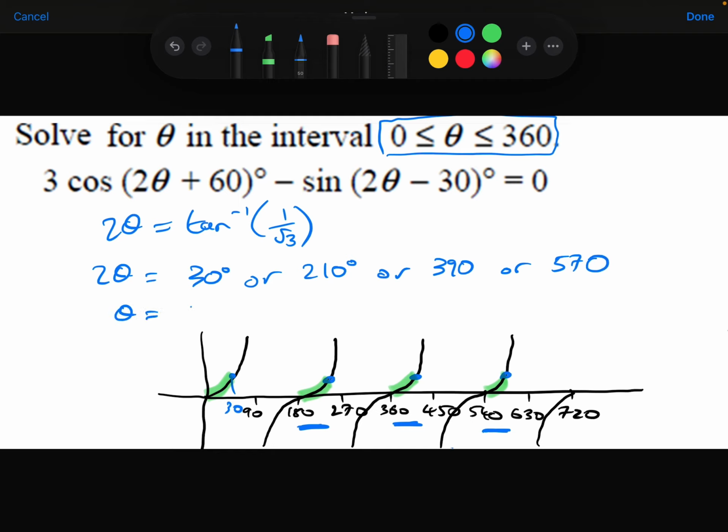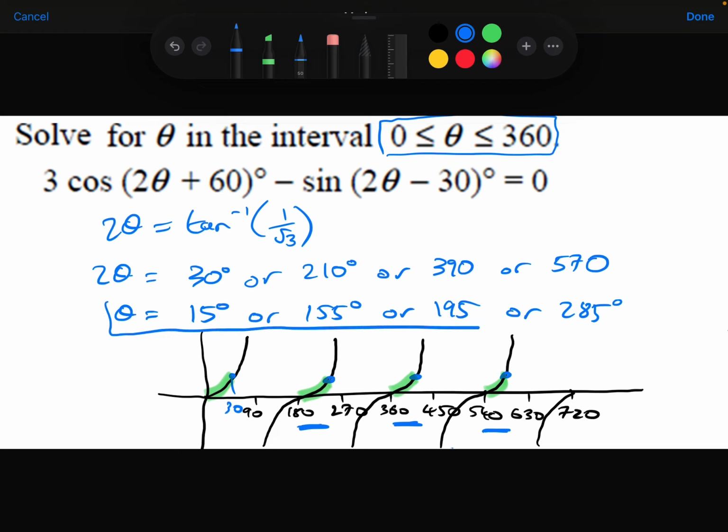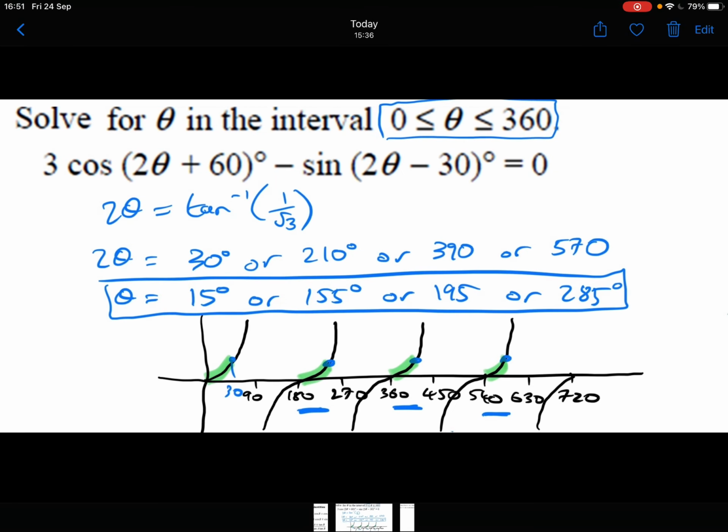Now I have all my answers. I'm going to divide them all by 2 to get my 4 solutions that are all between 0 and 360. So there we go. That's one example.